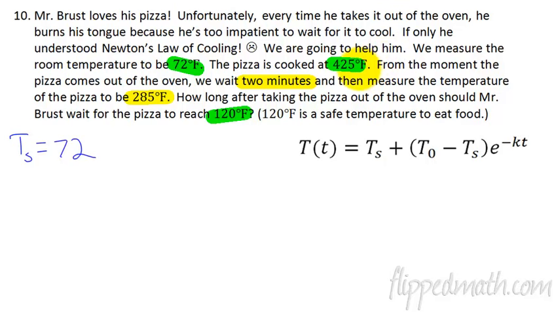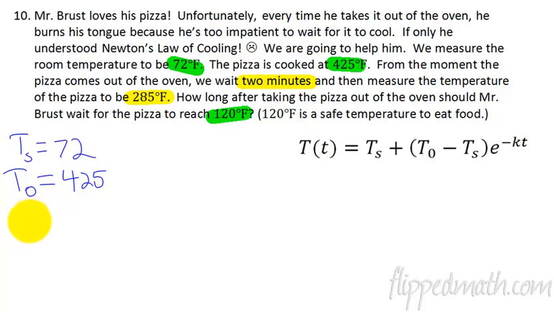What about the 425? That is how hot the pizza is right when we're taking it out of the oven. So that's our T naught, our initial amount. So our initial temperature is 425. Okay, what else do we have here? The 120 degrees is what we want the pizza to be.